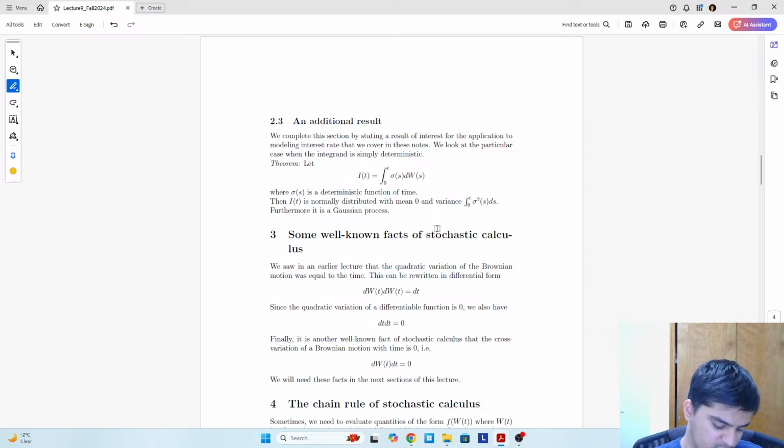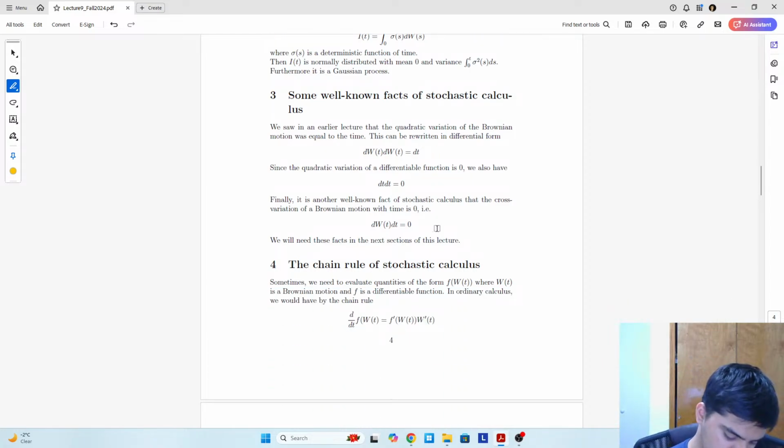So I(t) is a Gaussian process, normally distributed with mean 0 and variance the integral from 0 to t of sigma squared(s) ds.